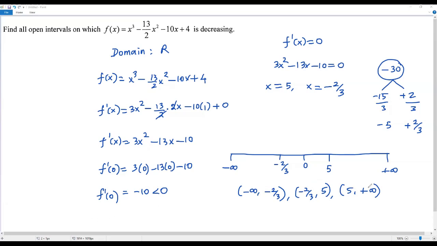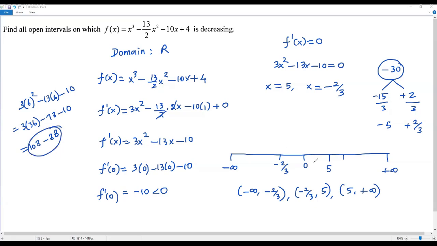We can also verify the third interval, 5 to positive infinity. A random value in this interval is 6. When I plug 6 into f prime of x, I get 3 times 6 squared, minus 13 times 6, minus 10. 6 squared is 36, so 3 times 36 is 108, and negative 13 times 6 is -78, minus 10. Combining these gives 20, which is clearly a positive value.